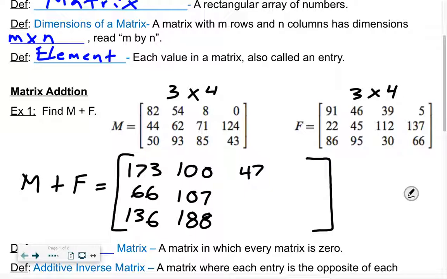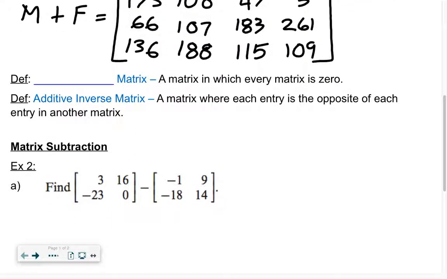What's that? 180. Last column. 5. 261. 19. Yeah, and everything looks pretty good there. Addition's very easy. Identify corresponding parts, add them together.